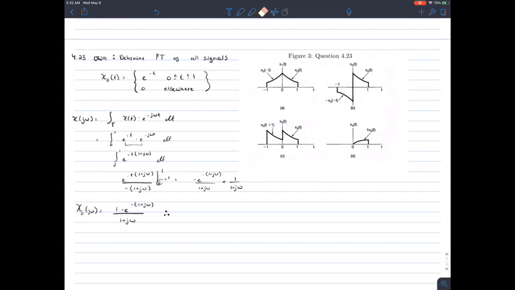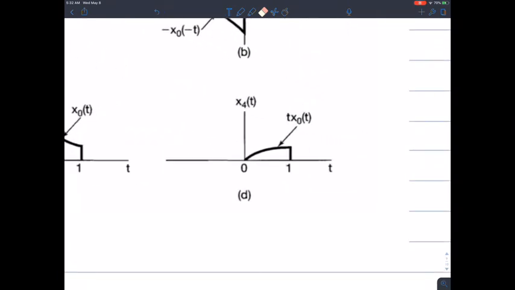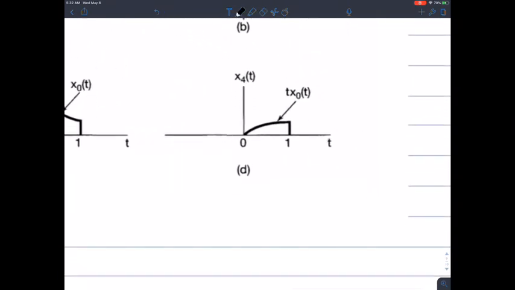Okay, so finally, part D of 4.23. In the previous videos we already defined x naught of t and x naught of j omega, so now we are just focusing on the D part. If you look at your sheet, right now x of t is equal to t times x naught of t.